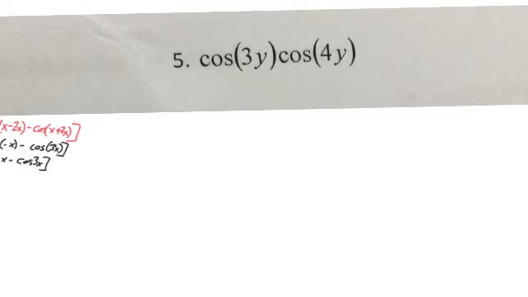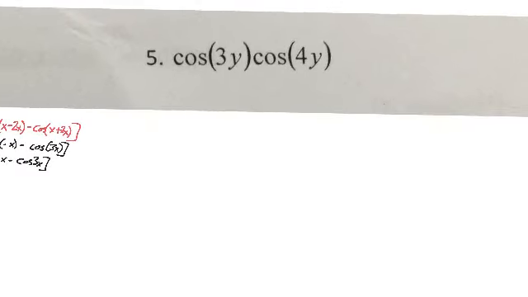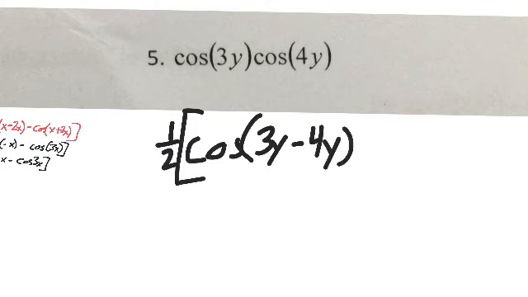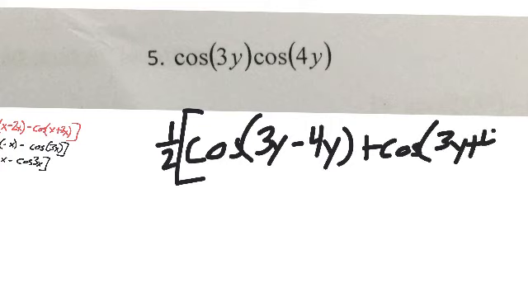Can I look at 5? 5 is cosine of 3y, cosine of 4y. So that would be the second one, which is cosine cosine. So that's going to give me 1/2 cosine of x minus y plus cosine of x plus y.